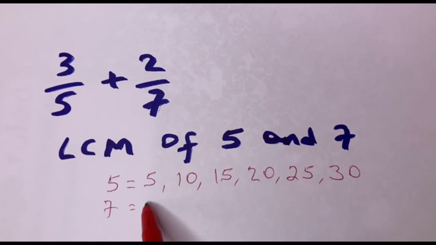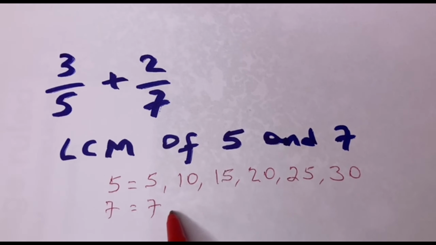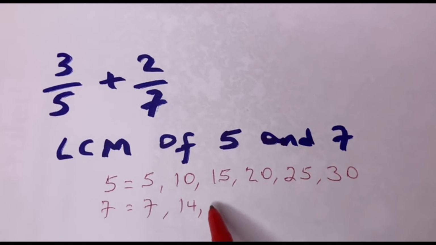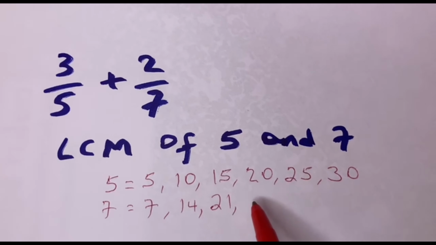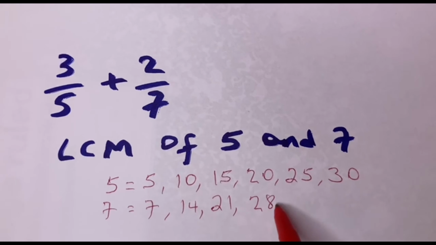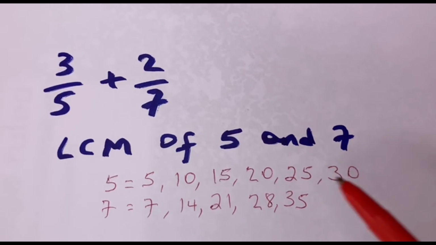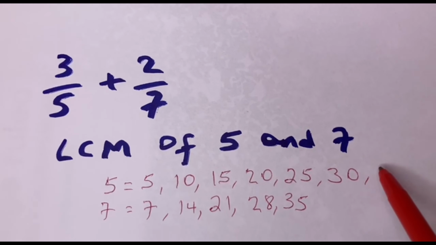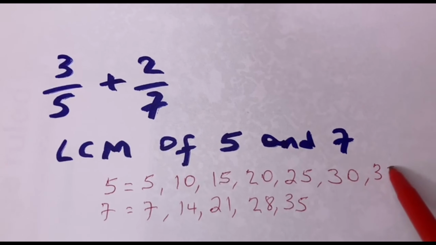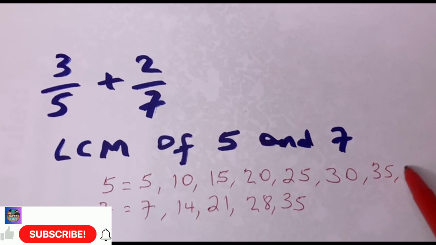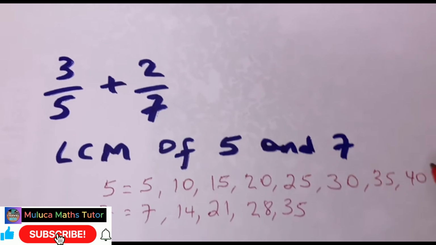7 times 1 is 7. 7 times 2 is 14. 7 times 3 is 21. 7 times 4 is 28. And 7 times 5 is 35. But still we didn't get a common one for 5, so let's go further: 5 times 7 is 35, and 5 times 8 is 40.